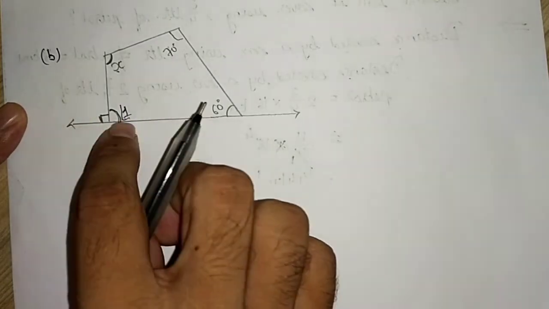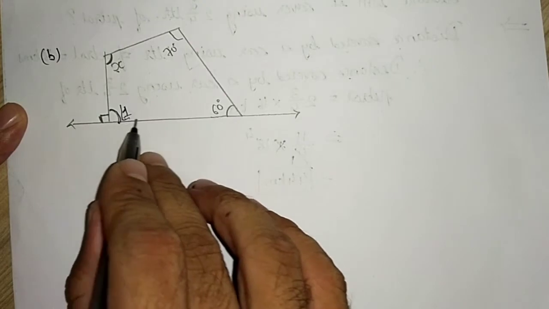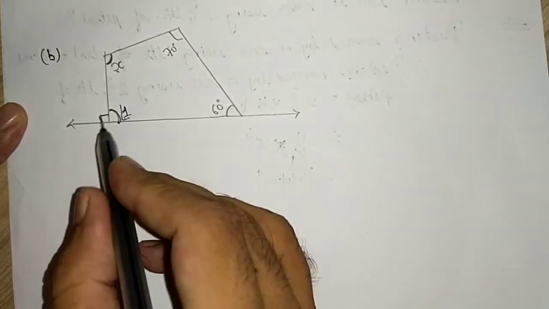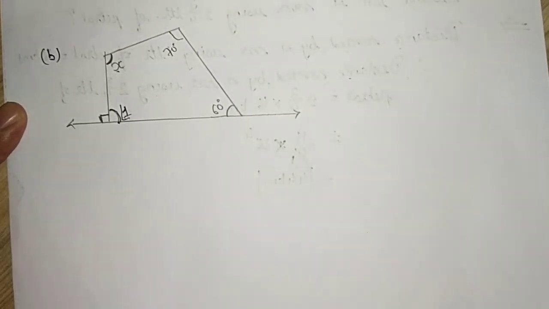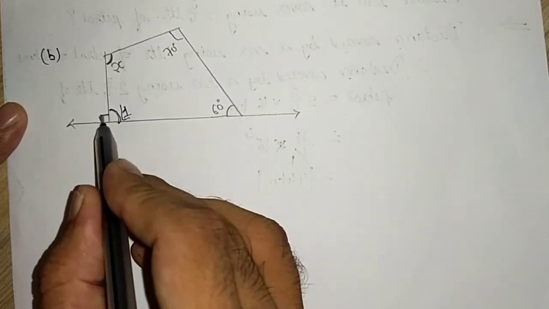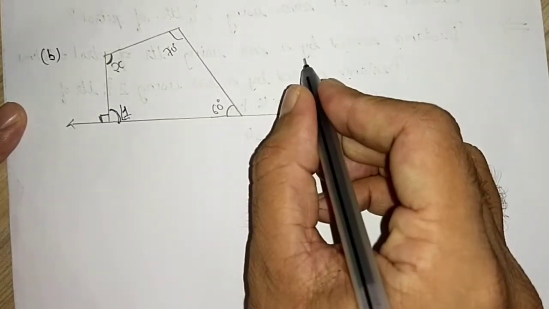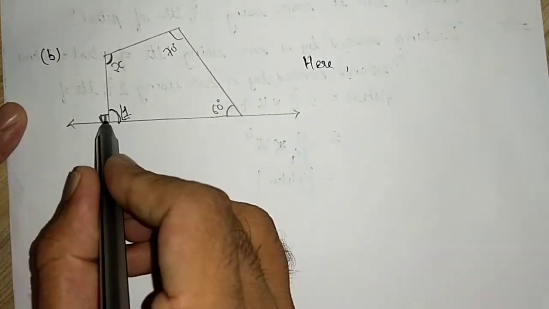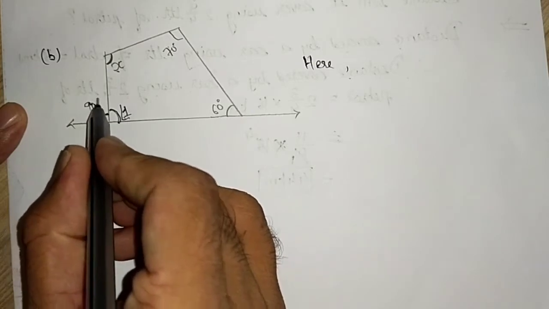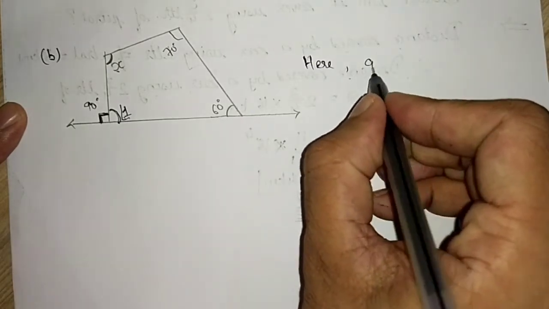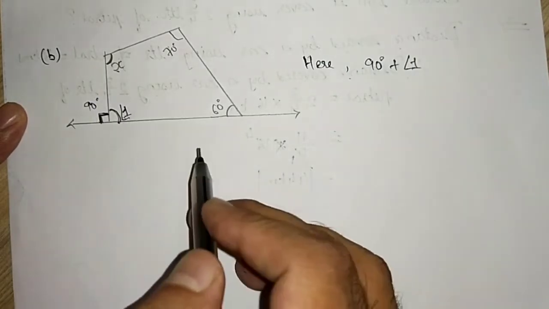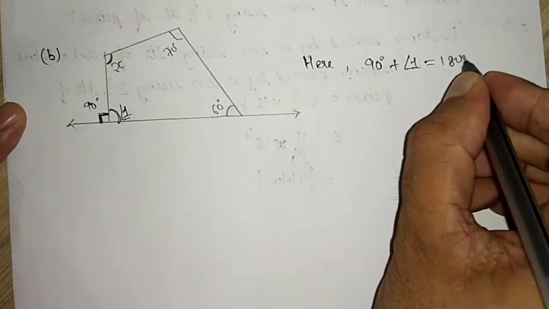And if you look properly, you can see this is a line and there are angles forming on it. When there is a straight line and there are 2 angles forming on it, then the sum of these 2 angles, that is, this is 90 degrees already because the symbol says so, so 90 degrees plus the measure of angle 1, the sum of these 2 is always 180 degrees.